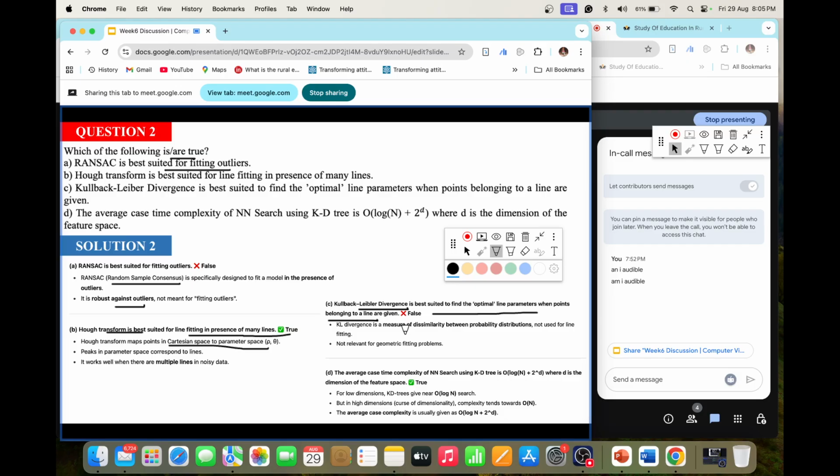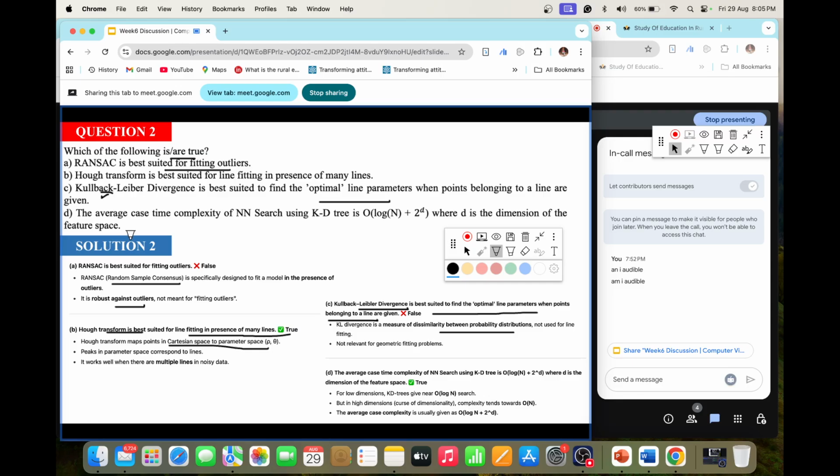It is false, because KL divergence is a measure of dissimilarity between probability distributions and is not used in fitting. About these things we will read in the next week, so no need to worry about this question.